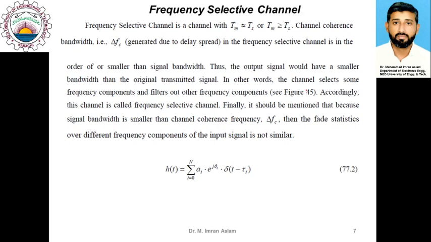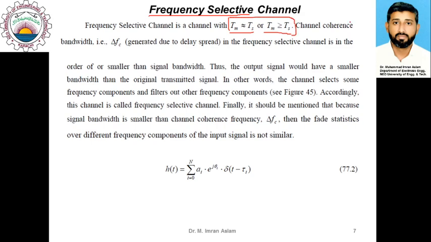Now let us take the second case where we have a frequency selective channel. A frequency selective channel is actually the reverse of that case. For the frequency flat channel, we discussed that the signal duration should be greater than the delay spread. If we have the reverse case, that is, the signal duration is smaller than the delay spread, or almost the same as the delay spread, what happens in this particular case?